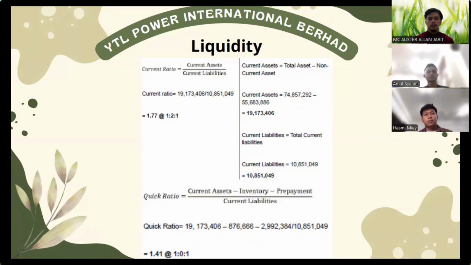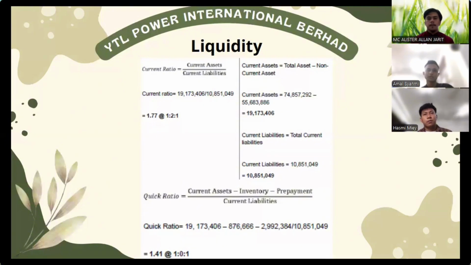Second is current ratio. The current ratio is calculated by dividing current assets by current liabilities. For YTL Power, the current assets are 19,173,6000 and current liabilities are 10,851,49,000.